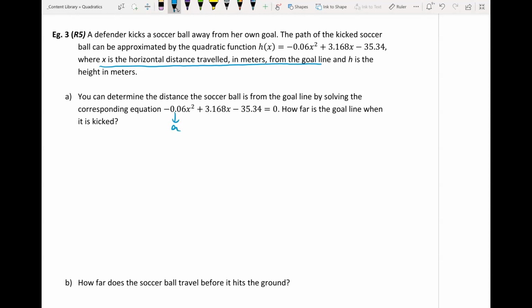So this is our A, this is our B, and this is our C. So putting it into the quadratic equation, we have minus 3.168 plus or minus the square root of 3.168 squared minus 4a, which is negative 0.06, and c, which is negative 35.34.